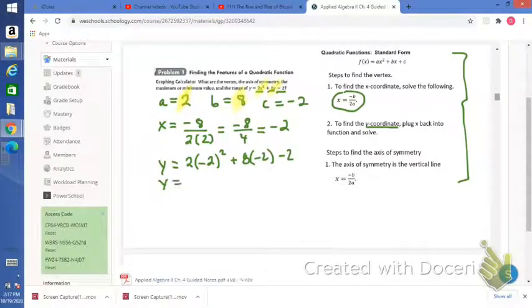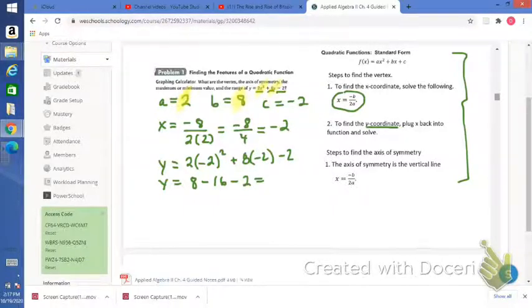Order of operations, we do our exponents first, so negative 2 squared gives us a positive 4, times 2 is 8. 8 times negative 2 is a negative 16, minus 2.